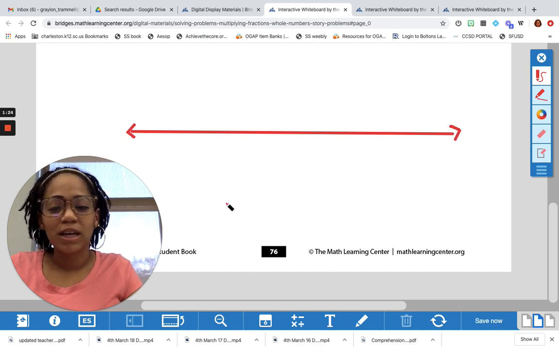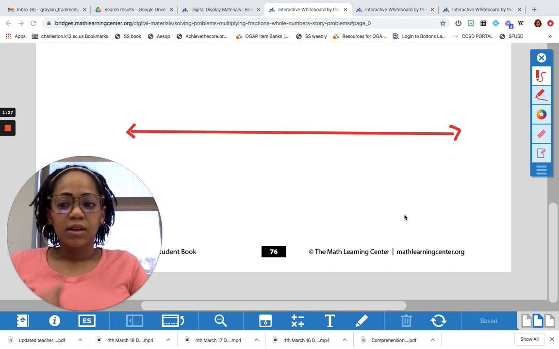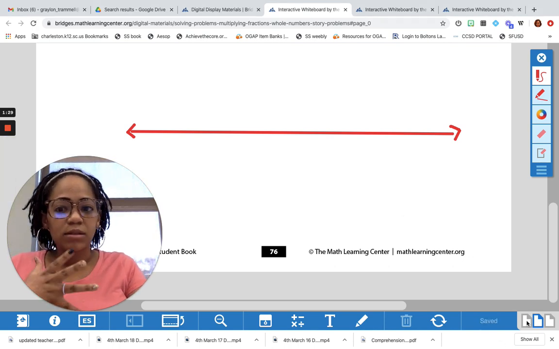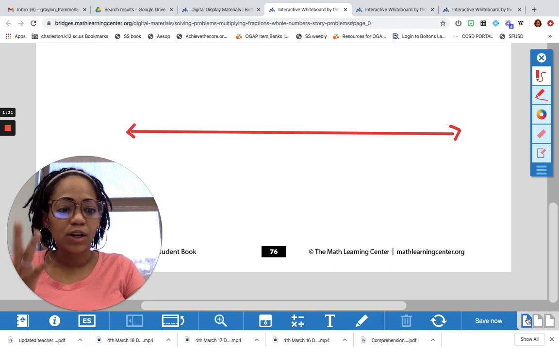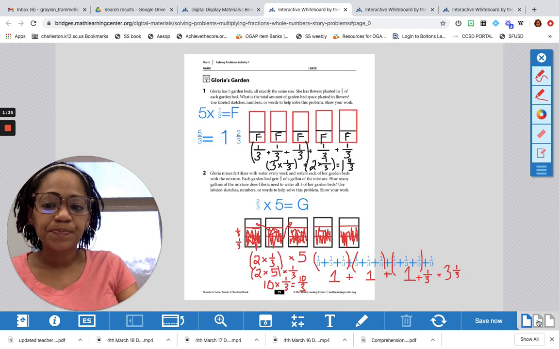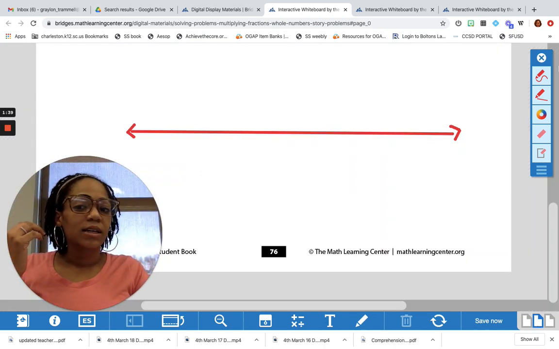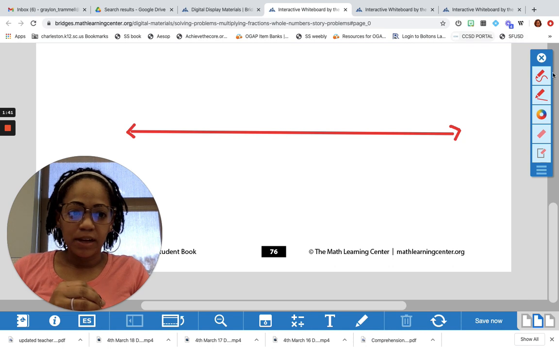We can use a number line to solve so many things. So we're going to start by thinking about Gloria and her garden bed. Remember, we have 5 times a third. I'm going to model for you how you can use a number line for multiplying fractions.